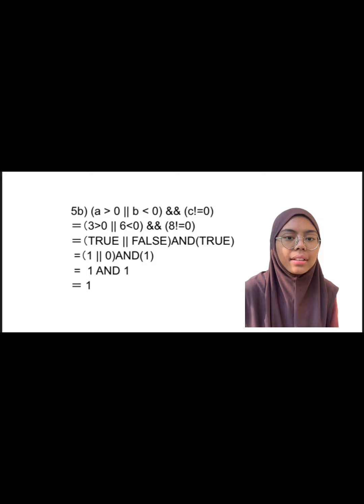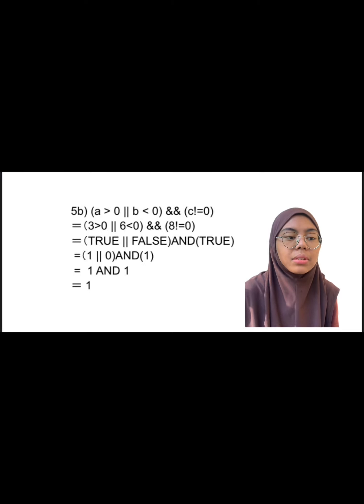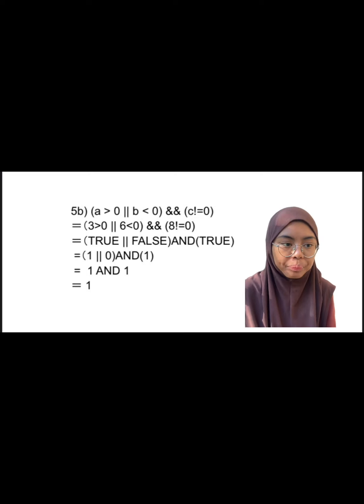5b, the question says we just substitute the A, B and C, it becomes 3, 6 and 8. So 3 is bigger than 0, true. And the double line means or. If one of both are true, then we get the answer, we write it as true.